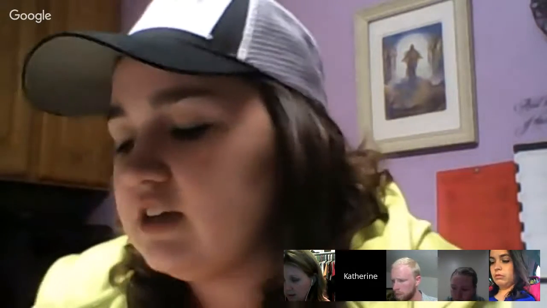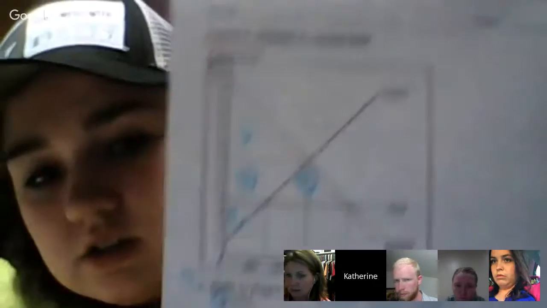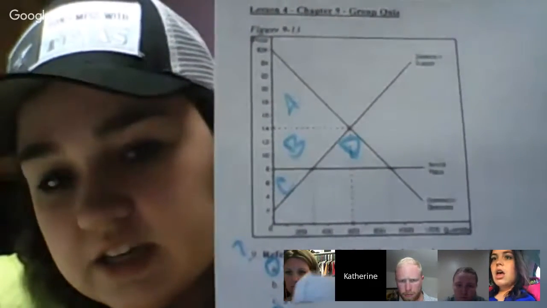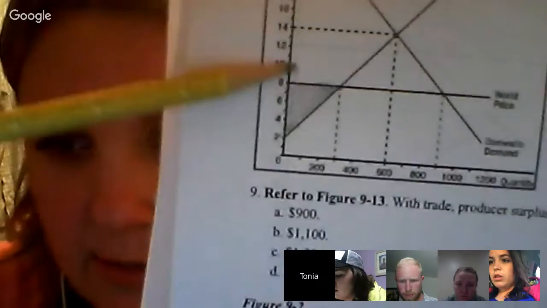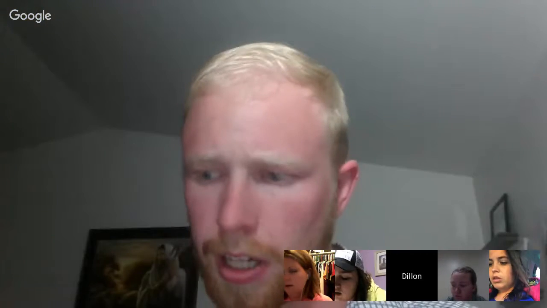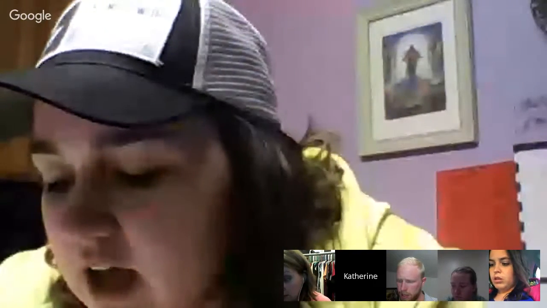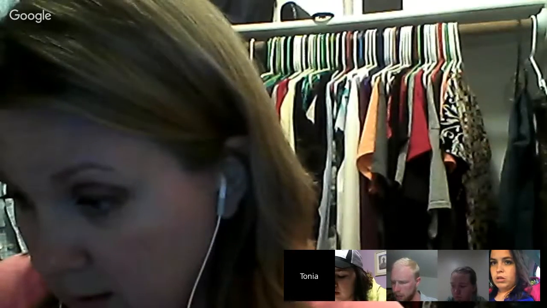And so then I sectioned off my graph to show the A, B, C, and D. So then this is what you're left with. You have to find the area of that. That's 900. And so then I did 300 times 8 minus 2 divided by 2, because that would be the area of that triangle. Exactly.